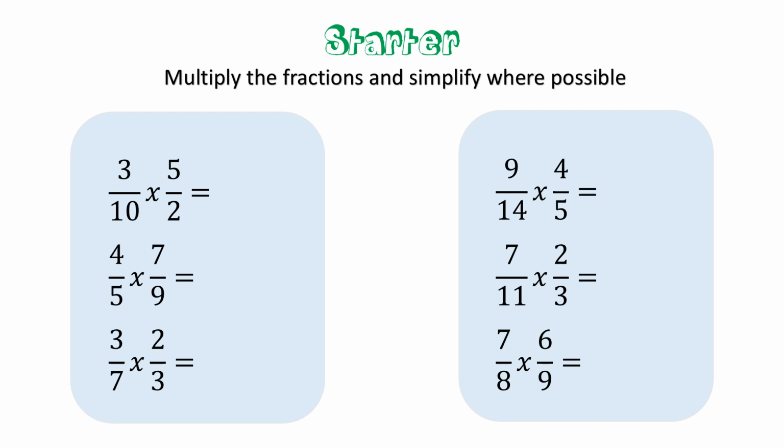What I'd like you to do now, using the bottom by bottom and top by top, or denominator by denominator and numerator by numerator, I want you to complete the following 5 questions. Obviously that's going to take a little bit of time, so what I want you to do is pause it and then come back to it when you've completed them.